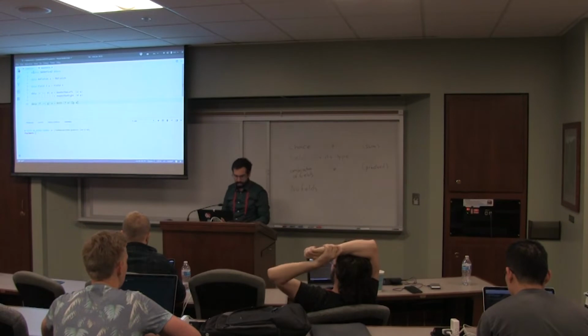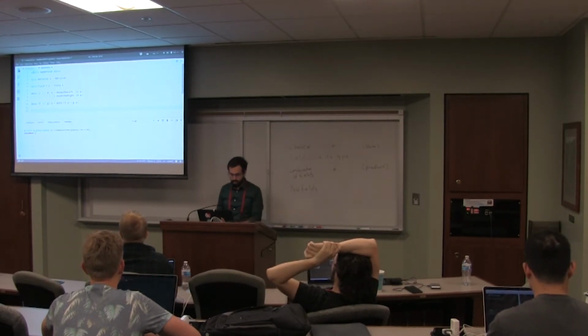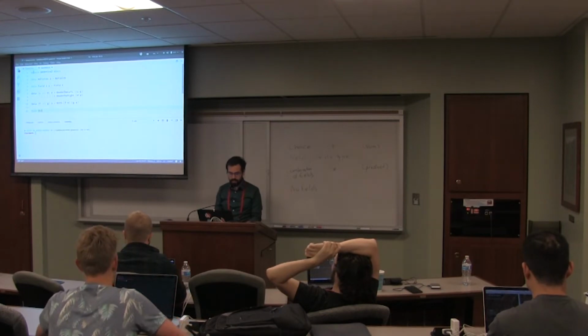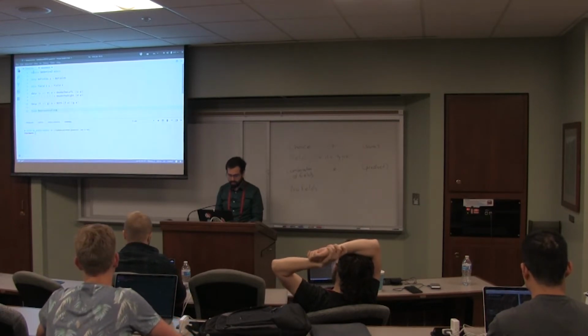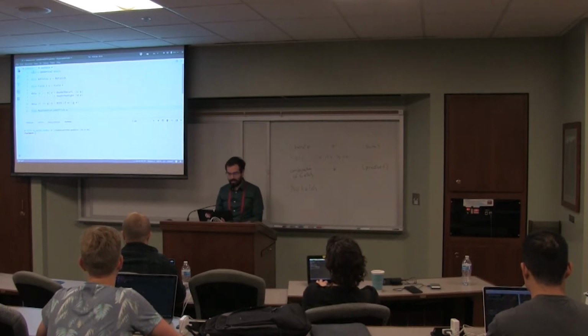So now, if we have this data type for pet, we can really say the representation of pet is, again, going to be something with type A because it's a functor.